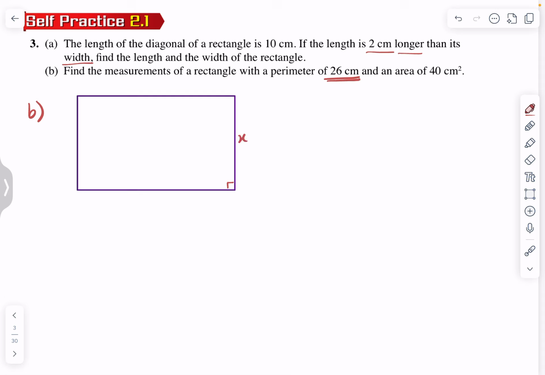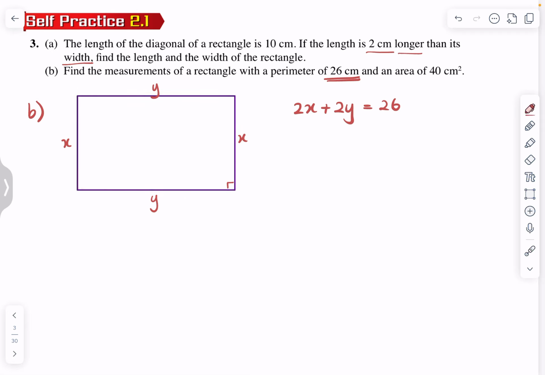So let's say this is x, this is y. This will also be x, this will be y, because same length. So the perimeter is 26 means 2x plus 2y will be 26. Okay, so perimeter is the sum of all these lengths. So we get y plus x plus y plus x.